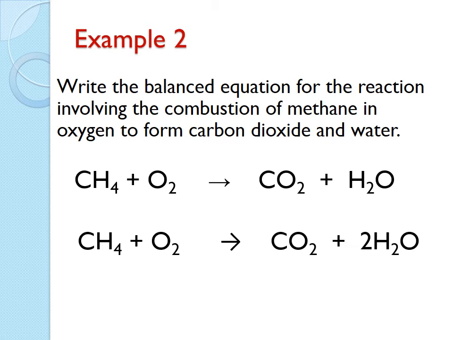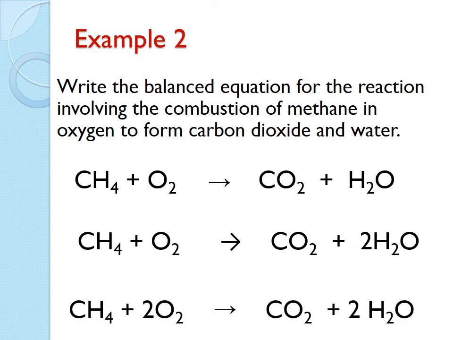Left hand side 2 but right hand side 4. If we multiply left hand side oxygen molecule by 2, we are going to achieve the desired result. This is the balanced chemical equation.